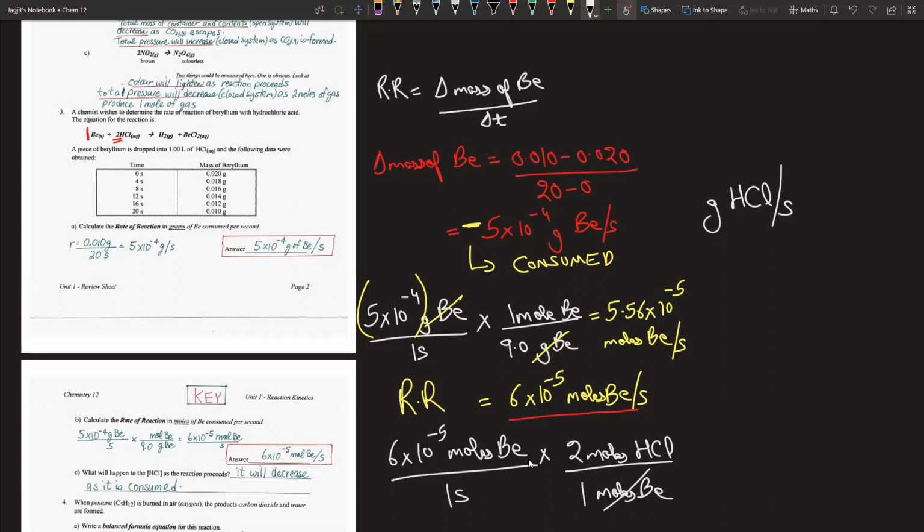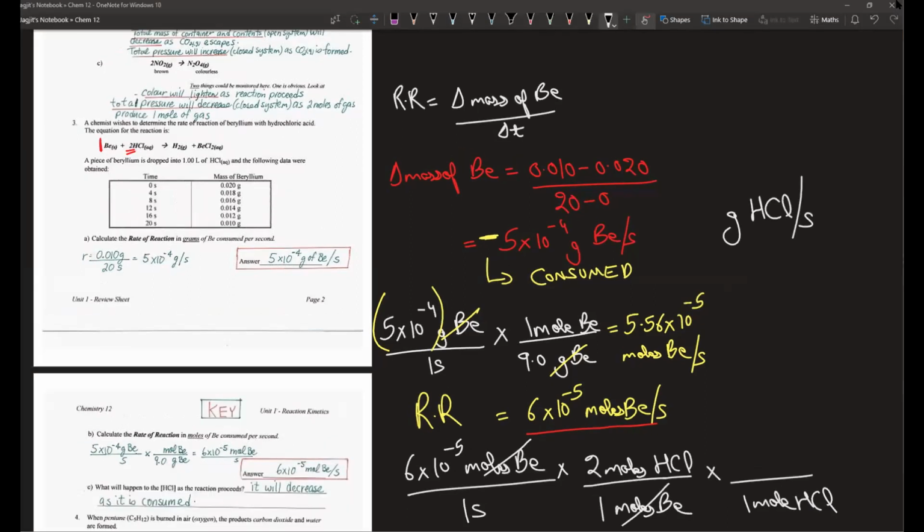What's going to happen? Moles of BE cancels. Now I've got moles of HCl, but they want me to express it in terms of grams of HCl. So now we've got to change moles of HCl to grams. So I put 1 mole of HCl at the bottom. And now we just have to get the molar mass of HCl. Okay, can you do me a favor? Can you get the molar mass of HCl? I think it's going to be 36.5.